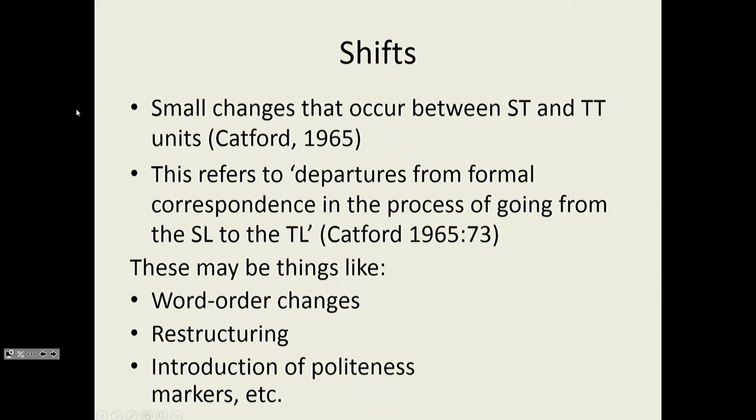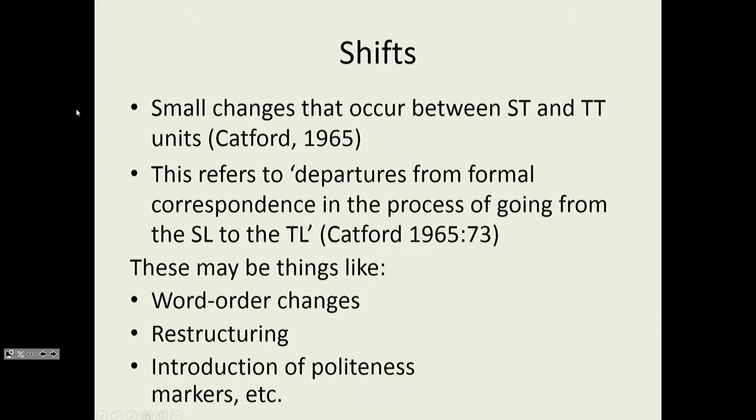Talking about changes that occur when we translate, Catford refers to these as shifts. So these are any deviations, if you like, from the source text that might occur in the target text. He calls them formal departures from formal correspondence. So this might be things like word order changes, restructuring that has to occur because, of course, languages are different in the way that they might structure a text, or in the way in which the syntax is structured.